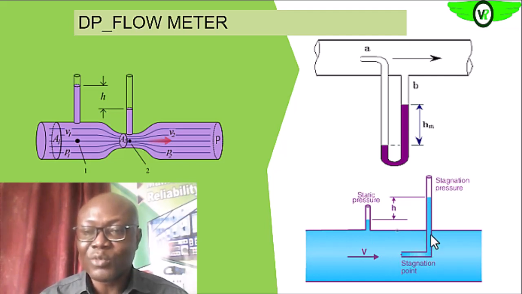It will rise to a stage where it comes to the stagnation pressure, and the pressure will just be steady at that end. The stagnation pressure is the sum of this static pressure and this dynamic pressure. But the difference basically is determined by the flow rate in the pipeline.